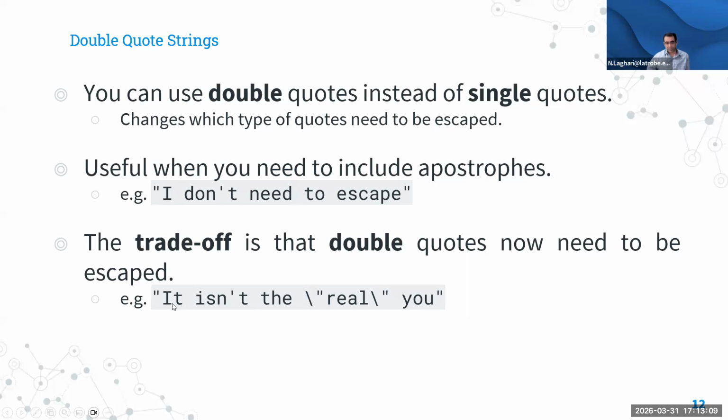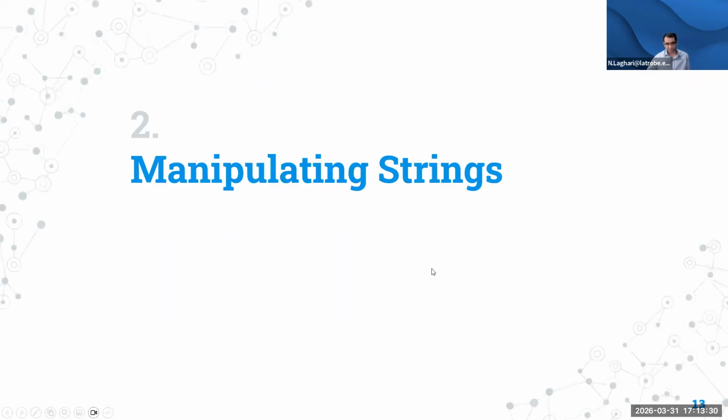But if you want to write it isn't the real you, so you want to print these double quotes in the print statement, and the whole string is already in double quotes, then you must use backslash, the escape sequence, in that case.